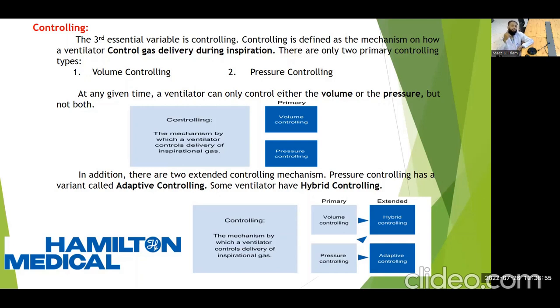At any given time, a ventilator can control only either volume breaths or pressure breaths, but not both at the same time. In addition, there are two extended controlling mechanisms. Pressure controlling has a variant called adaptive controlling, or hybrid controlling.